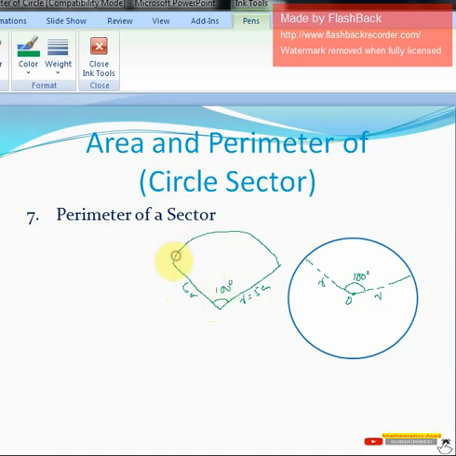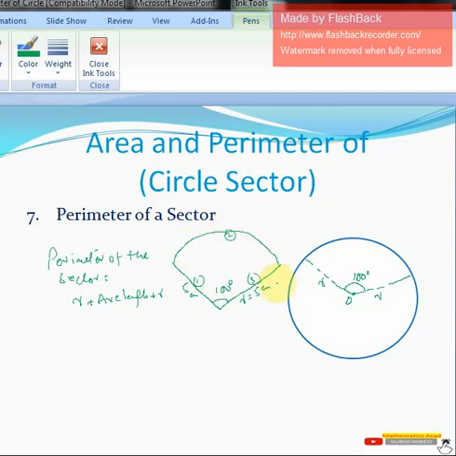So what will be the perimeter? The perimeter of the sector must be radius plus arc length plus radius. Number 1, number 2 this arc length, and number 3 this radius.